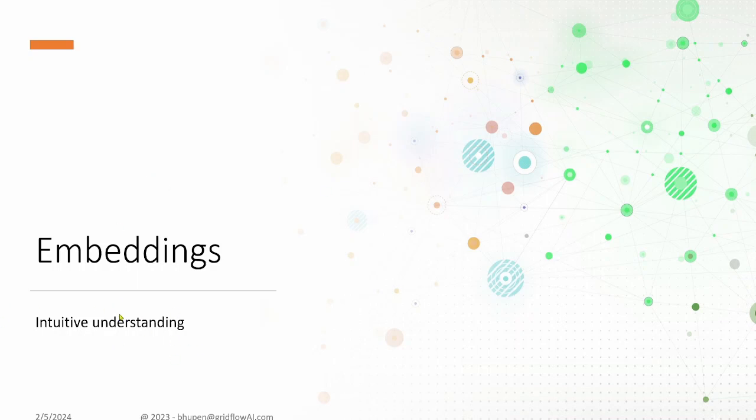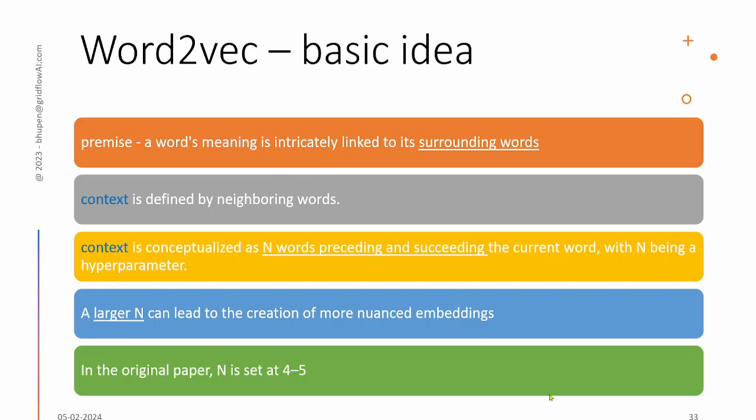Let's look at some more intuitive understanding of embedding, how we get those embeddings through the model. Essentially, for the embeddings, we are talking about surrounding words. So, given a sentence or a paragraph, we are talking about some kind of surrounding. That surrounding is called context. And this context is defined by the number of words preceding the target word and the number of words after the target word.